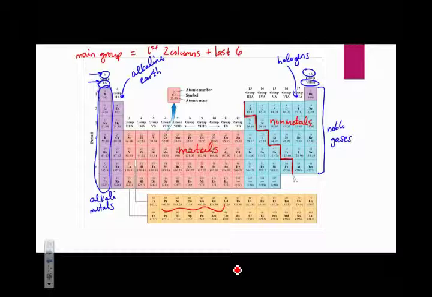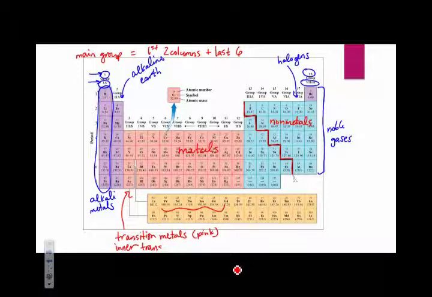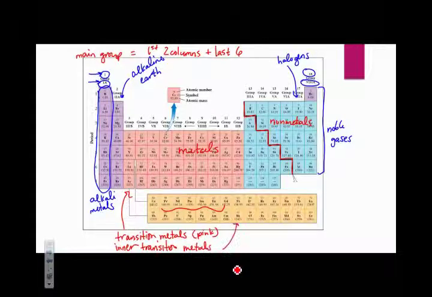You might also hear the term transition metals. In this periodic table, they're highlighted in pink. Or you might hear something like inner transition metals. And that's these guys highlighted in yellow.